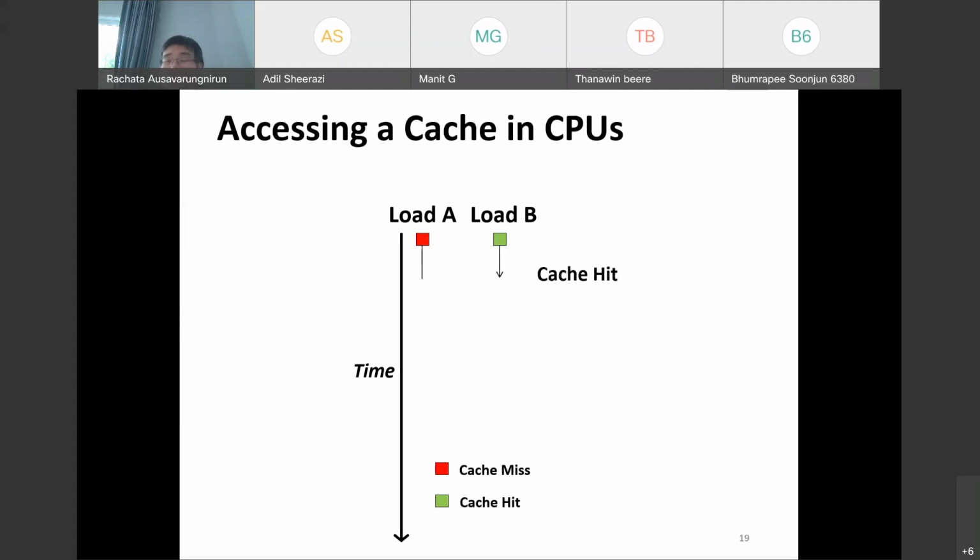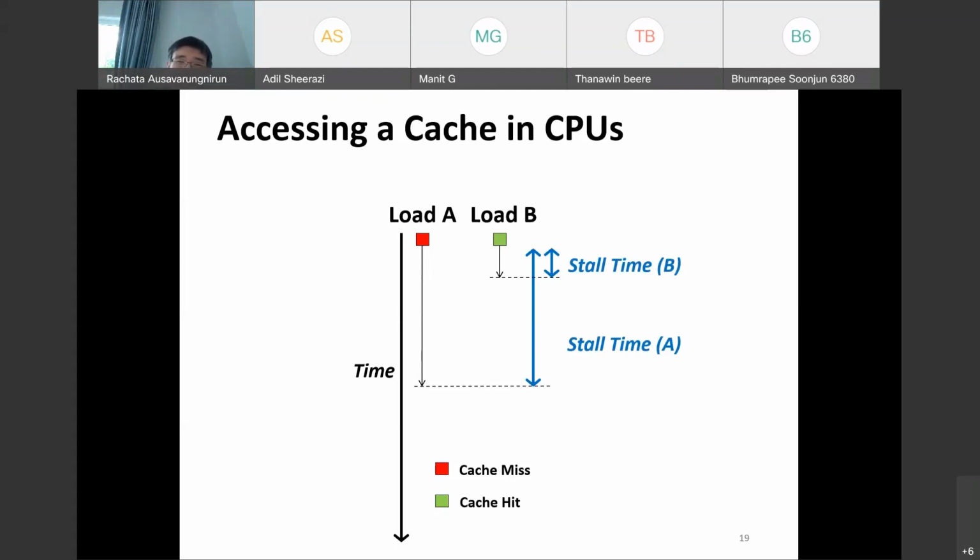So which one will finish first? Load B, right? Because it hit in the cache, I get that right away. I have my data right away, then I can keep running. For access A, because I have to get it from the main memory, it takes a longer time, right? So the stall time of A is this long, while the stall time of B is this long.